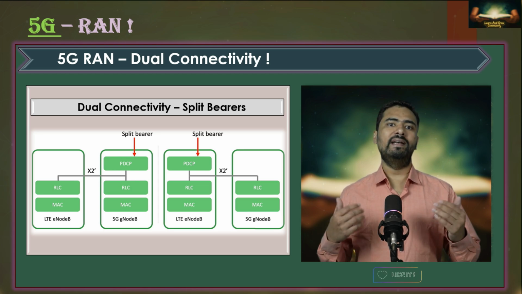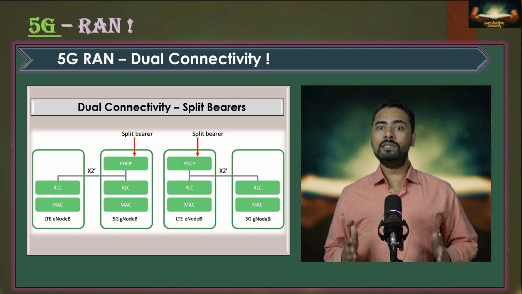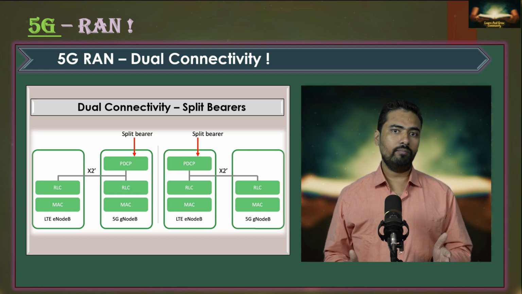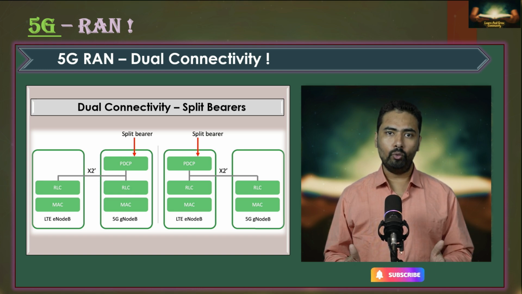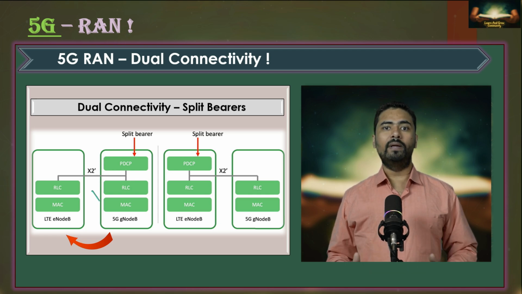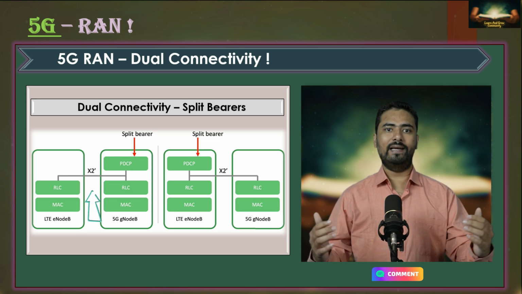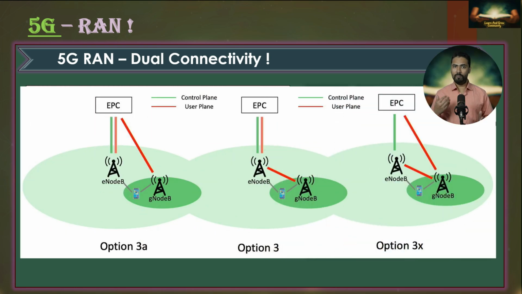It depends on the network configuration. It is important to note that for split bearers, it is generally preferred and recommended that the primary node and the secondary node are co-located because a significant amount of data needs to be routed over the X2 interface. If you remember, we discussed option 3 during the 5G deployment option session.